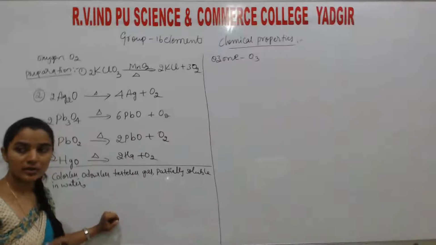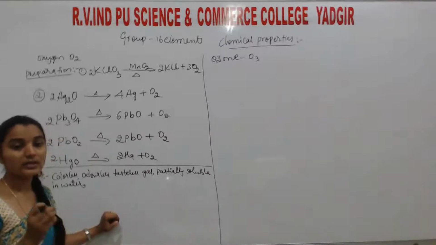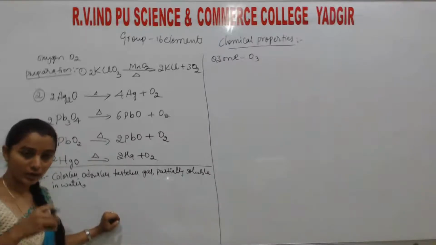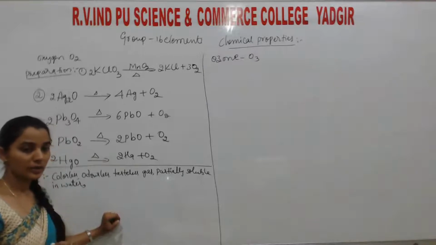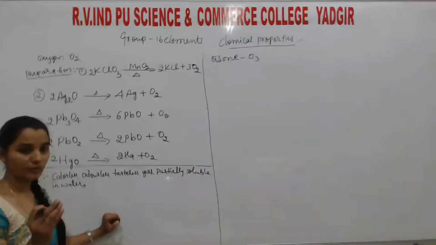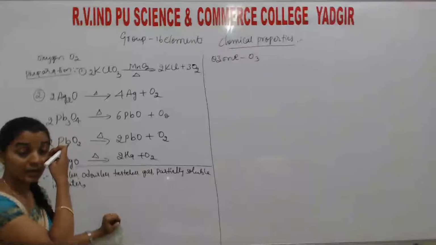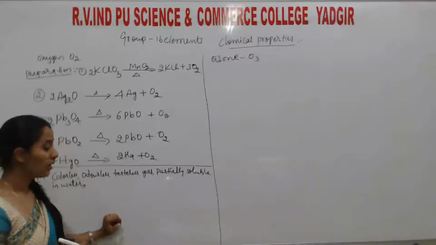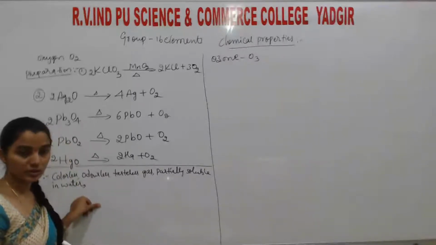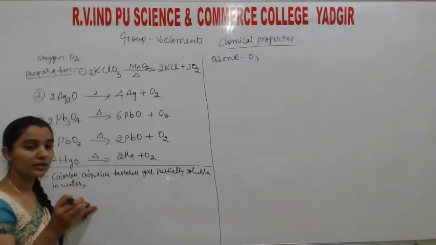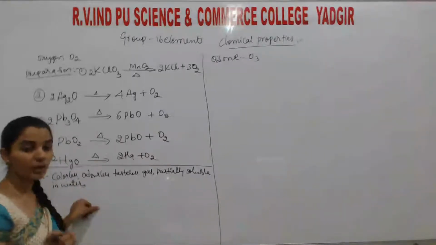Because of that reason, aquatic animals survive in water, like fish, frog, and aquatic plants also. Those require oxygen. That is biological oxygen demand, the BOD.